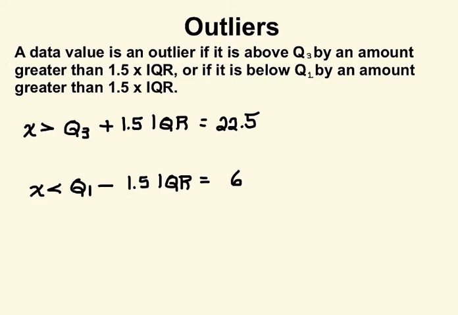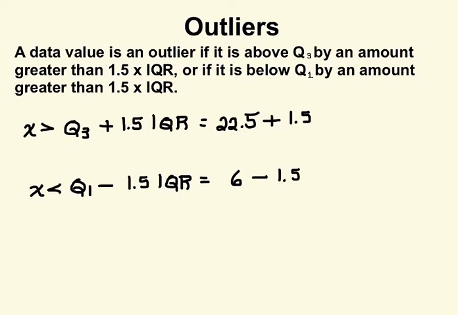Q1 and Q3 are the very edges of our interquartile range location. And we go up by 1.5 times the interquartile range, or down by 1.5 times from that point.